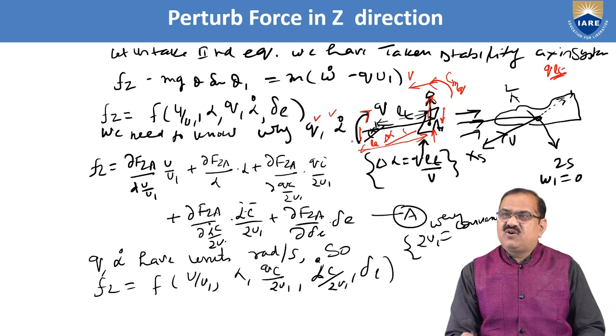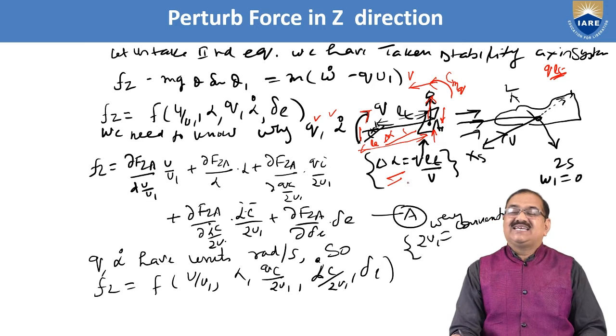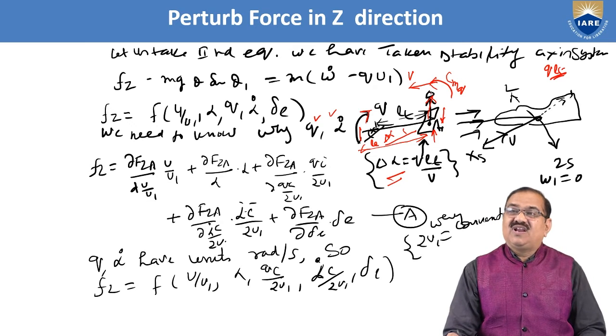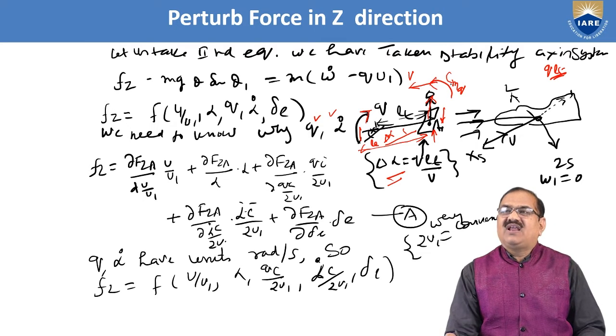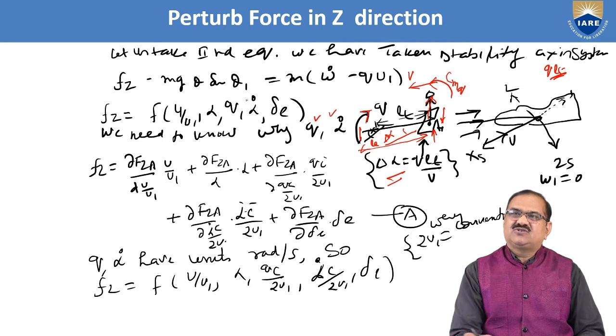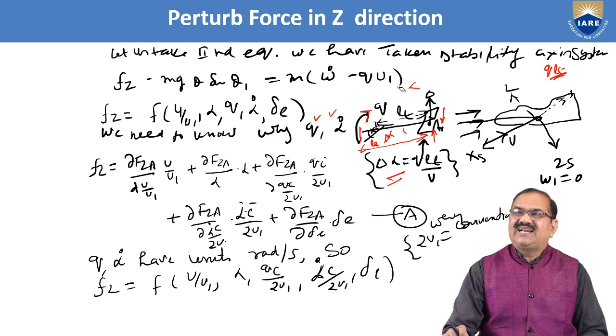So here delta alpha will be q LT by V. So this much angle of attack is varied, and this variation of angle of attack will vary the lift, and so this lift will also vary the CM. And this lift is in Z direction, so here Z is mentioned. So that is the importance of this.